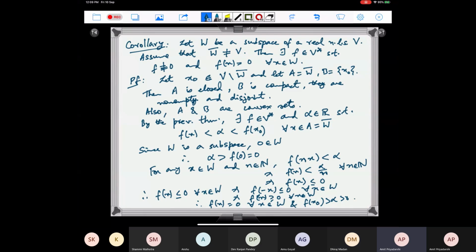Then the way you were thinking, you will define f such that f of e1 is equal to 1 and f of e1 plus e2 is equal to 0. That will imply that f of e2 is actually equal to -1, right?